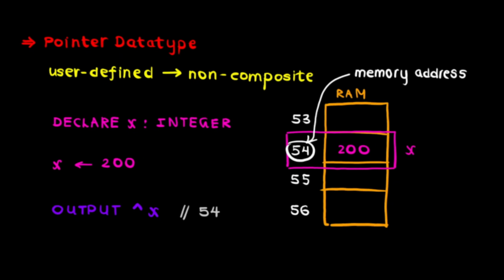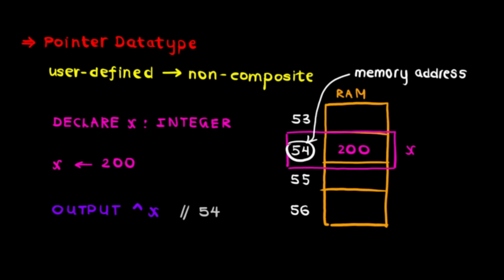And you can do this for an array, you can do this for a string, you could do this for something like a real, a boolean, whatever. You'll get the memory address where that particular data is stored. That's the idea.